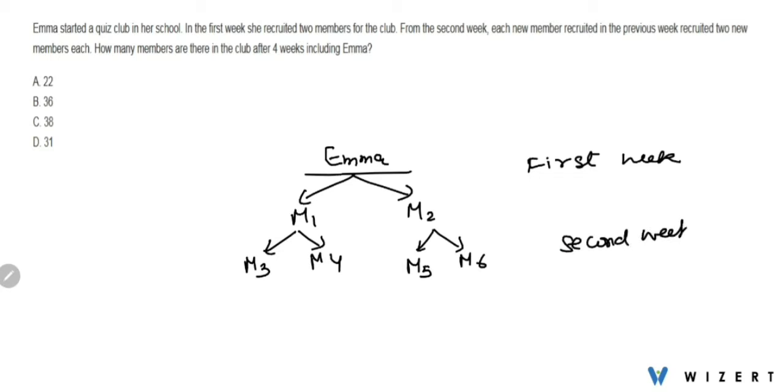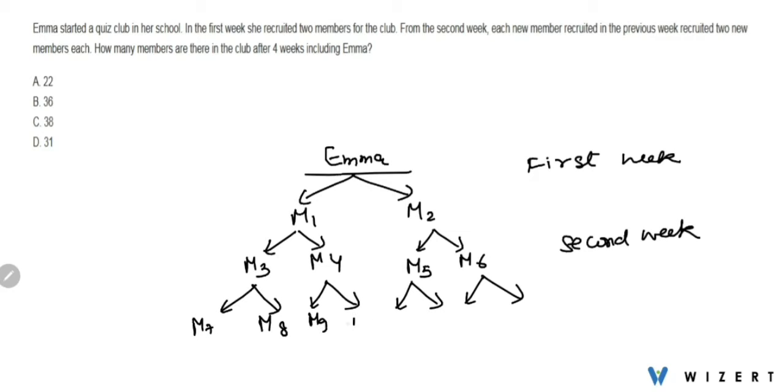So what will happen in third week? Again, M3 will recruit 2 members, M4 will recruit 2 members, M5 will recruit 2 members, and similarly M6 will recruit 2 members. Let's say these are the members M7, M8, M9, M10, M11, M12 and M13, M14.